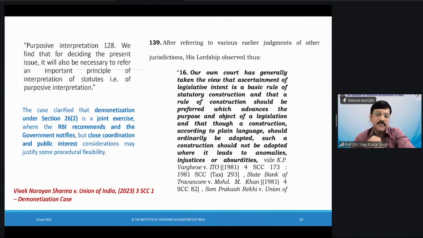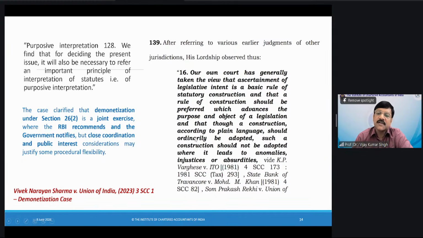In the case of Vivek Narayan Sharma versus Union of India, a case which dealt with demonetization, the court majority applied the purposive interpretation. Here the court, in paragraph 139, said that our own court has generally taken the view that ascertainment of legislative intent is the basic rule of statutory construction, and that a rule of construction should be preferred which advances the purpose and object of the legislation.